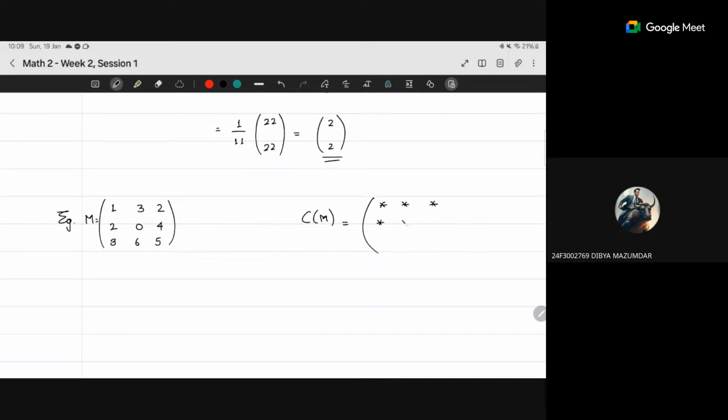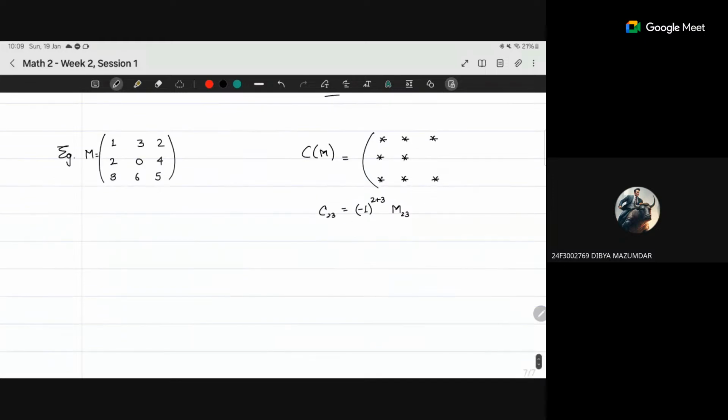I'll just tell you what C23 is. There's no reference to anything. These are just entries which you can compute. This is -1 to the power 2 plus 3 times M23, and -1 to the power 2 plus 3 is a negative number, minus the determinant of what remains after you remove the row and column.